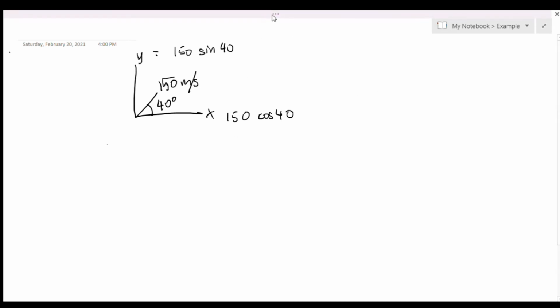Now that we have the components for both the x and y-axis, we can then move on to trying to find the distance. A formula that we have, which is Vix multiplied by time, will give us the distance. And since we know that we can get distance from this, and we already have our initial velocity on the x-axis, which is 150 cos 40, we then try and find the time.